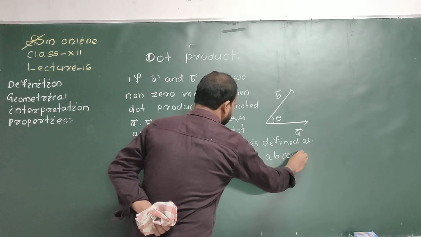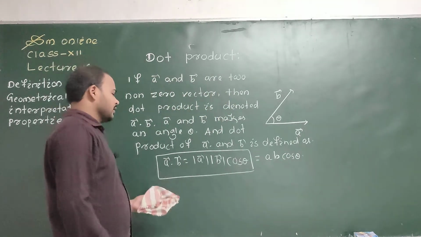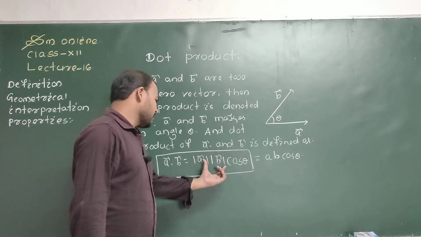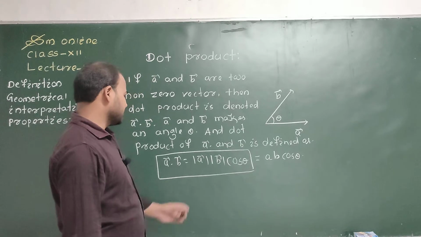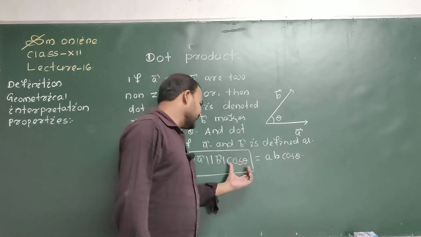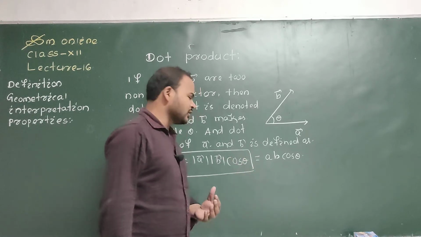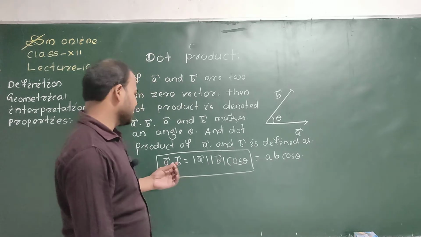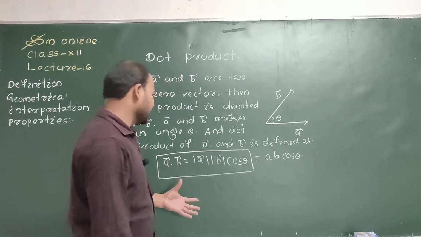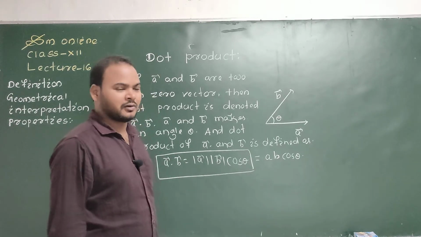The magnitude of A and the magnitude of B are scalars, and theta is a real number, so cos theta exists and is also a scalar. The product of three scalars is also a scalar.